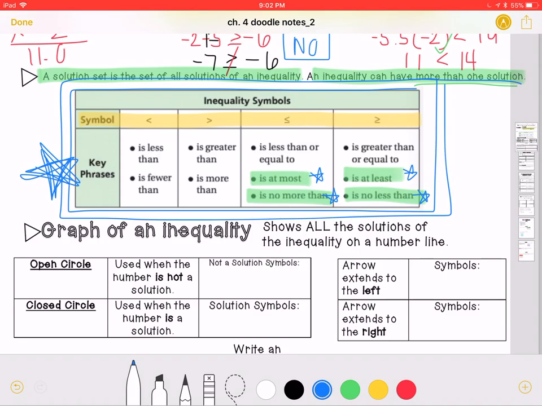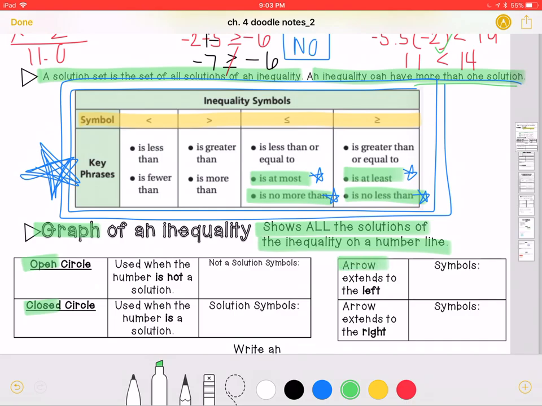Okay, so when we graph an inequality, we want to show all of the solutions of the inequality on a number line. That's what a graph does. In order to do that, we have to put a point. There's going to be a circle. It's either going to be open or closed. And then you're also going to have an arrow.